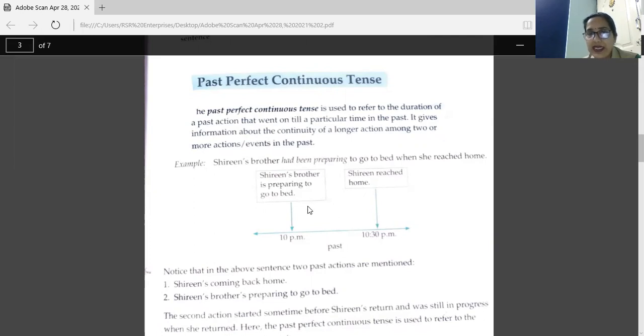So in that condition, past perfect continuous tense is used. Now, structure of verb in past perfect continuous is use of had, then use of been, and with that ing form of verb, or you can say present participle. That is, in this example, it is had been preparing.